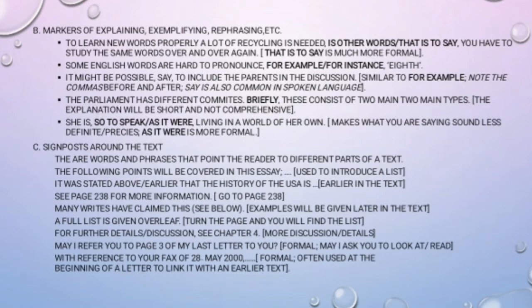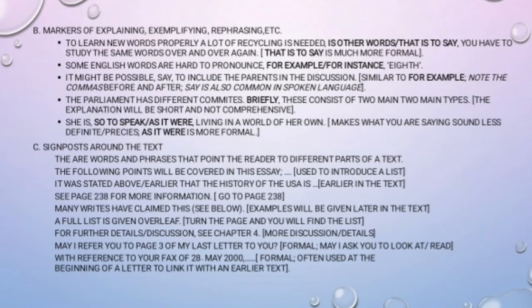The explanation will be short and not comprehensive. She is, so to speak, or as it were, living in a world of her own. Makes what you are saying sound less definite or precise. As it were, is more formal.